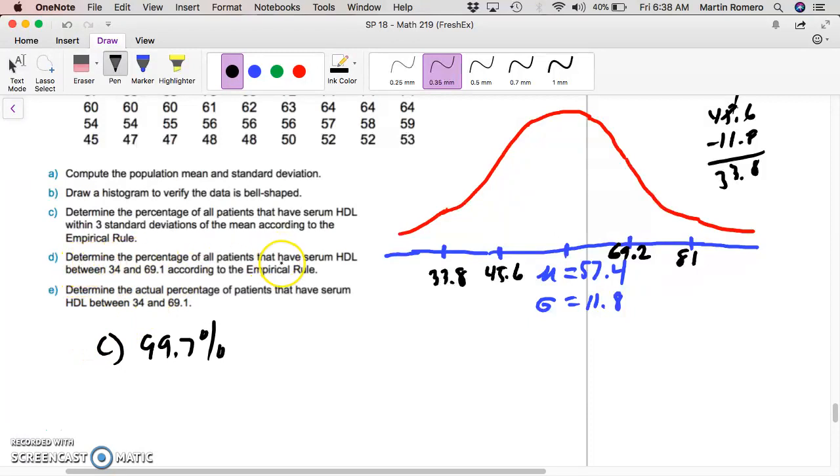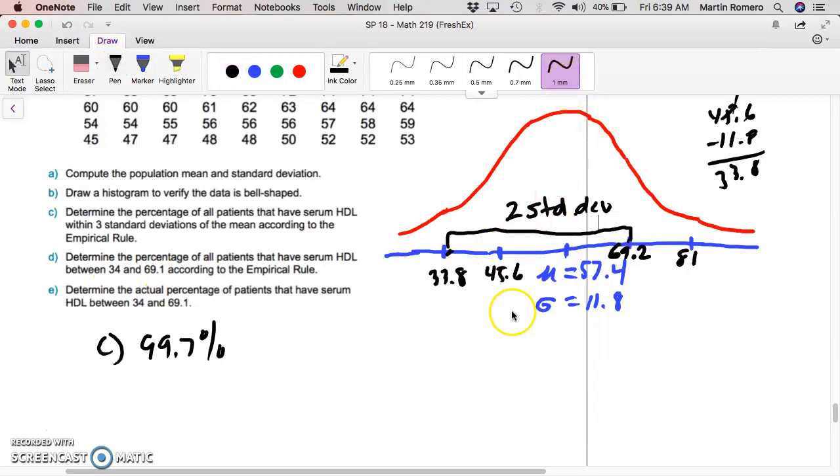Determine the percentage of all patients that have HDL levels between 34 and 69.1. So 34 is right here, and 69.1 is right here. If we look at that, that distance is pretty much 2 standard deviations from the mean. Oh, wait, no, let's do this again. 34.1.